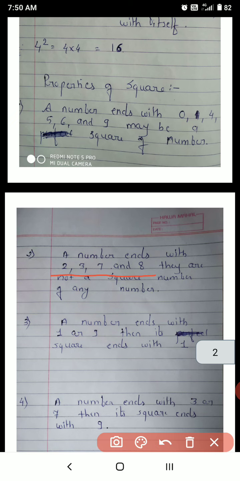Because they are ending with 2, 3, 7 or 8. So you always remember, if your number is ending with 2, 3, 7 or 8, it will not be a square of any number. If a number is ending with 0, 1, 4, 5, 6 or 9, it may or may not be a square of any number. Okay.